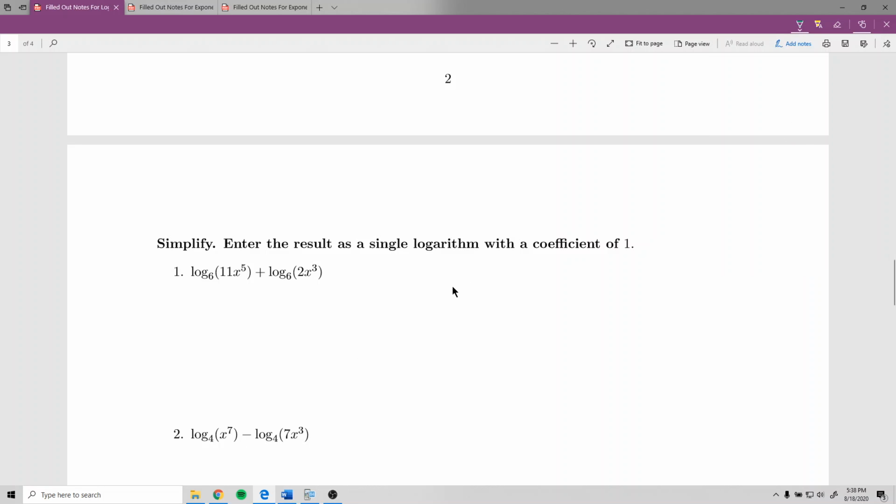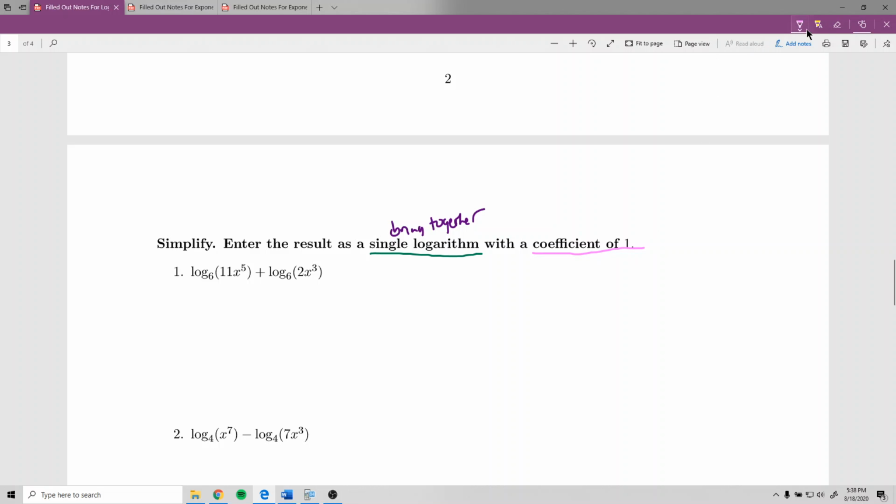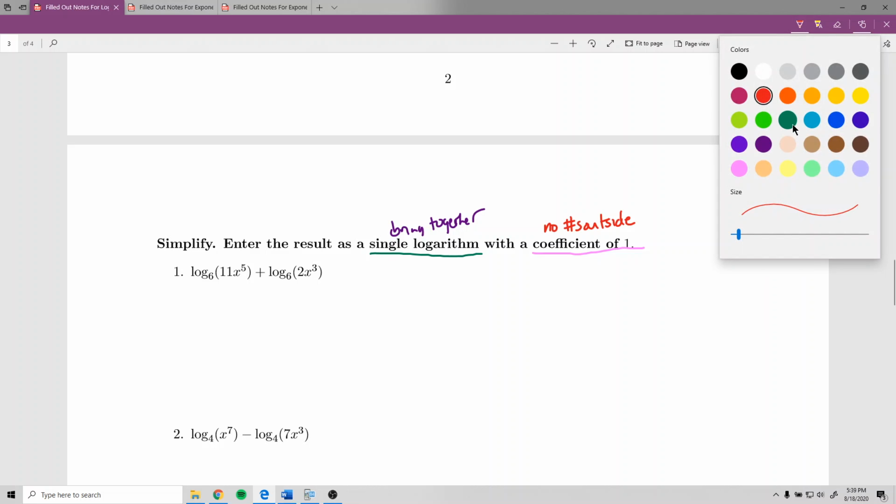All right, so number 1 here, the directions say simplify and enter the result as a single logarithm with coefficient of 1. So single logarithm, self-explanatory. We have 2 here. We want to make 1. So we want to bring them together. And the coefficient of 1 means we don't want any visual numbers out front. If there are any numbers in front, we have to move them anyway to bring them together.